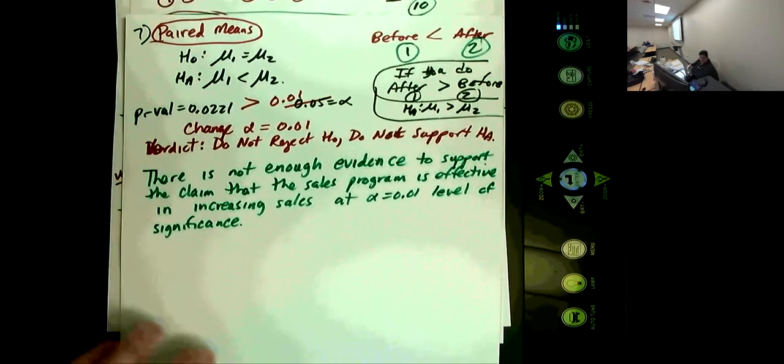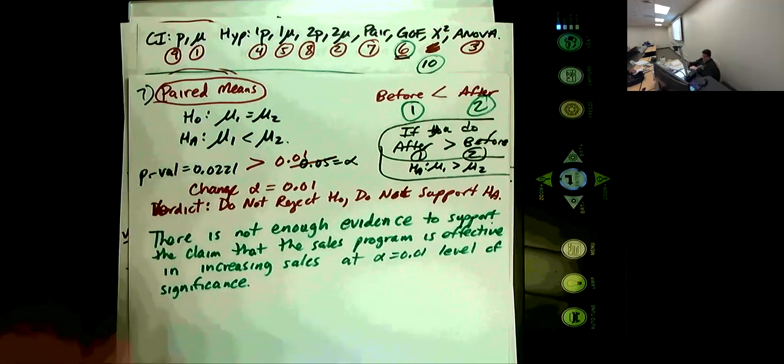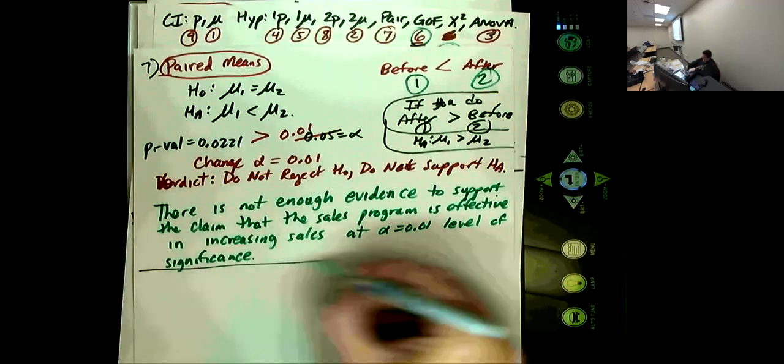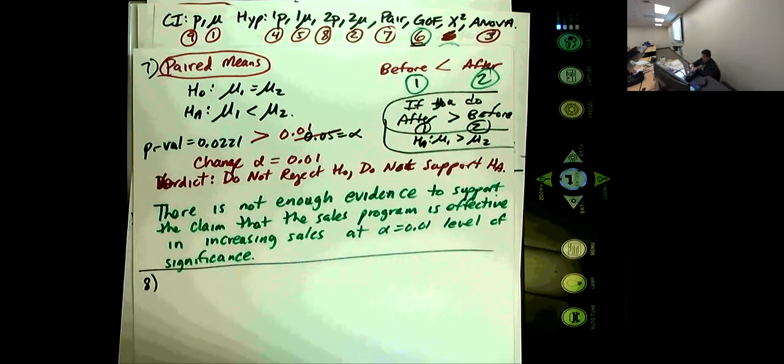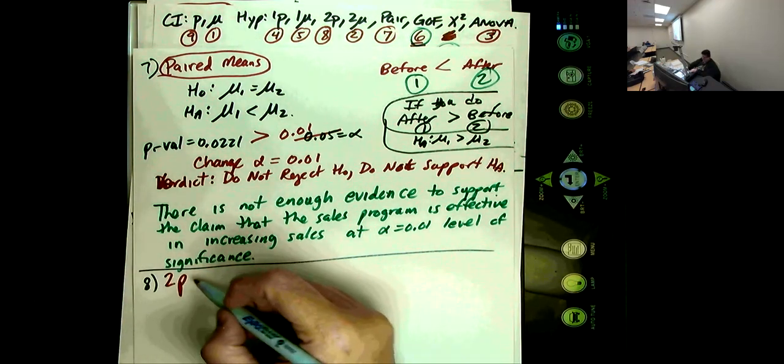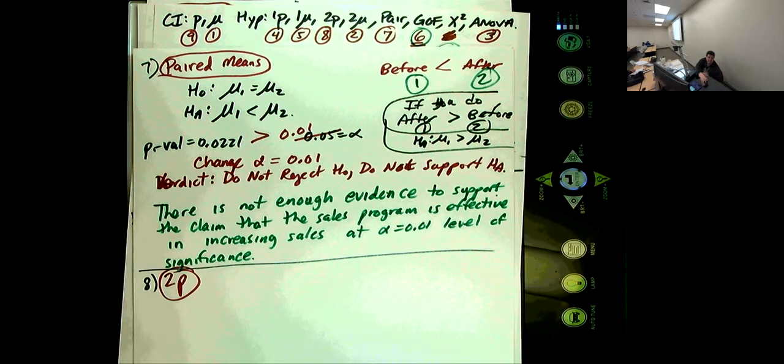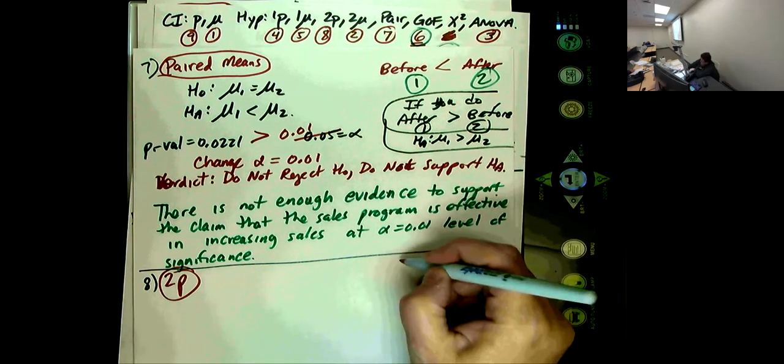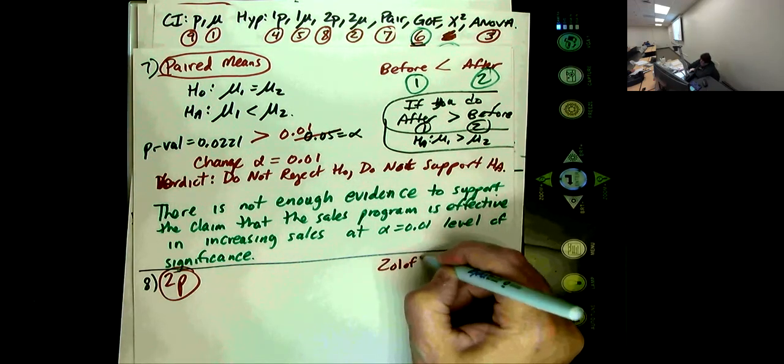All right, that was number 7. Number 8 says 2P test. My 2 proportion test. And I have a Zoloft group versus a placebo group.